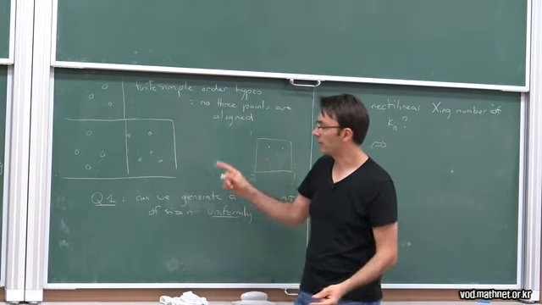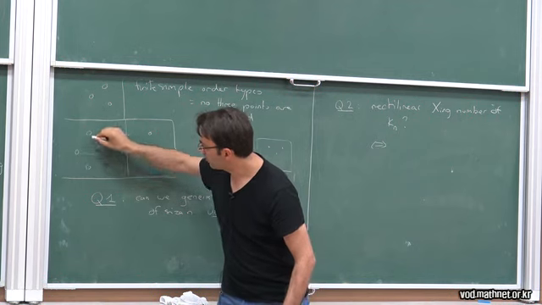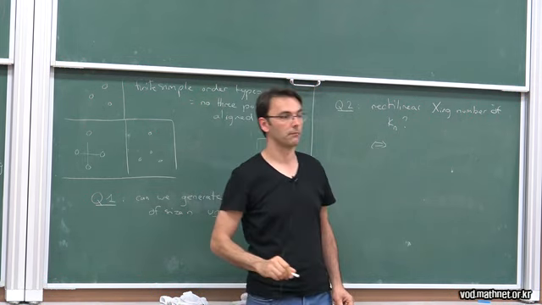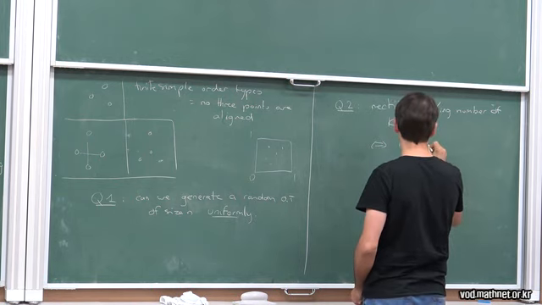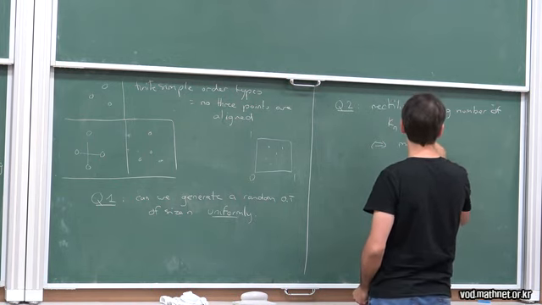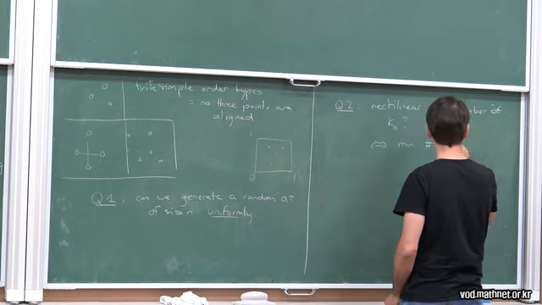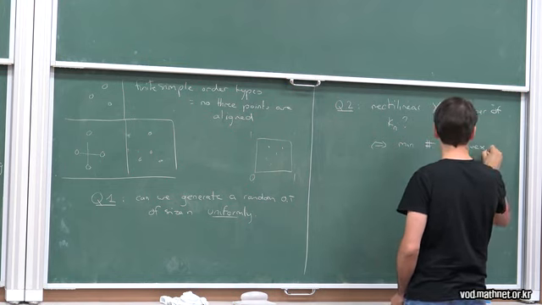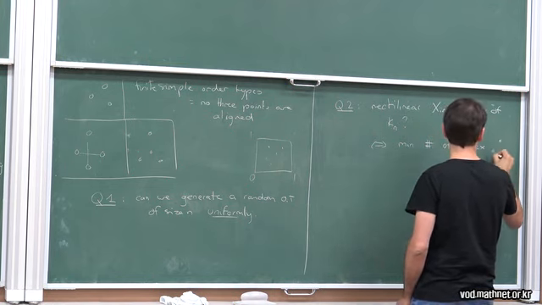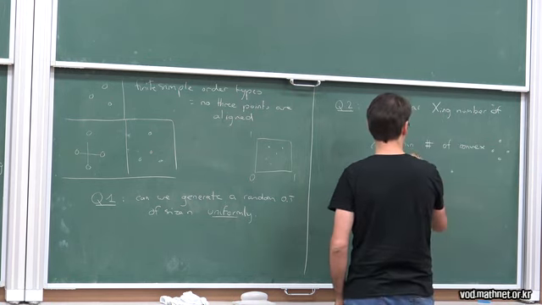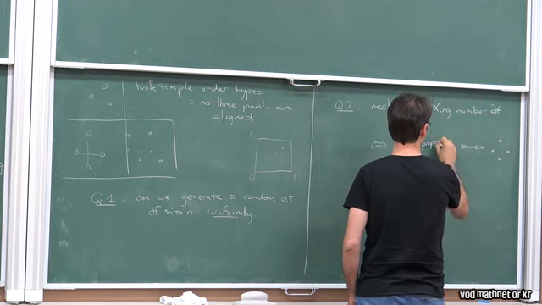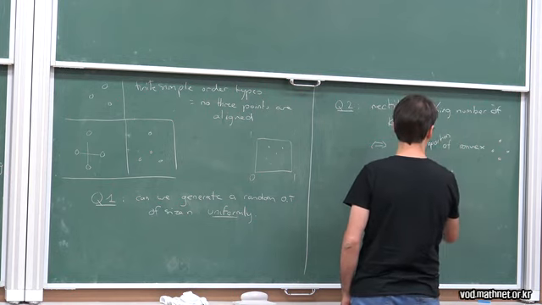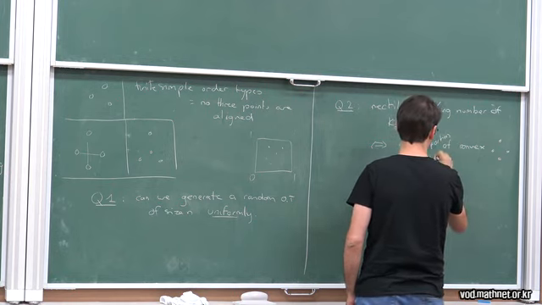Every time you get such a situation, two of the edges that you're drawing will cross. Okay, so this is the minimum number of convex quadruples, so the minimum proportion, in arbitrarily large point sets.